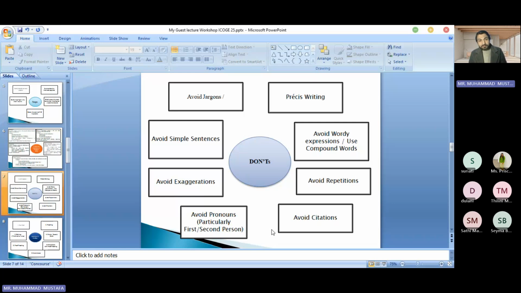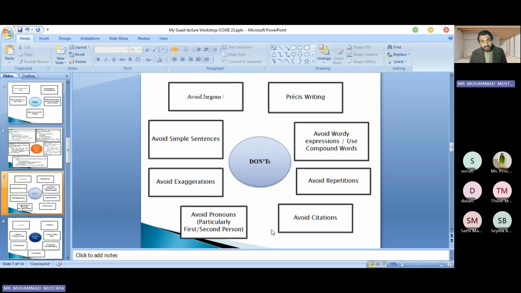Why? What is the reason? According to the rules and principles of effective communication and discourse, first person and second person pronouns, like I and you, should be avoided. Instead of these terms, we have many other options, like one should work hard, or one is required to work hard.